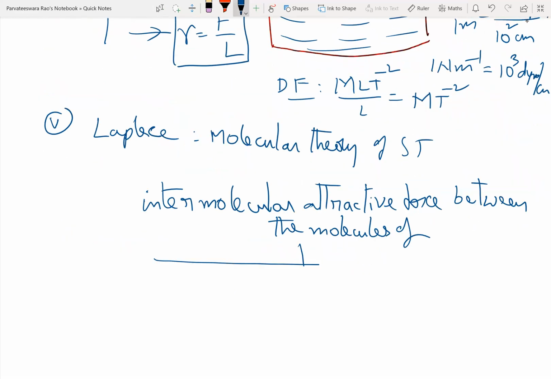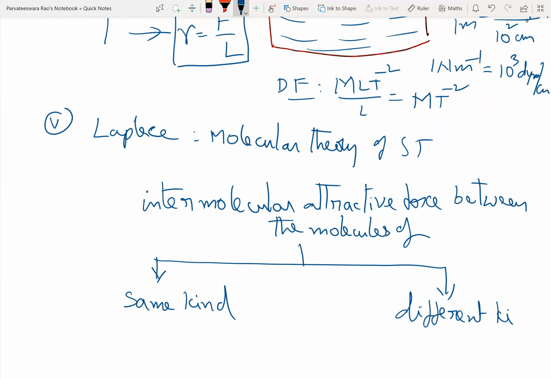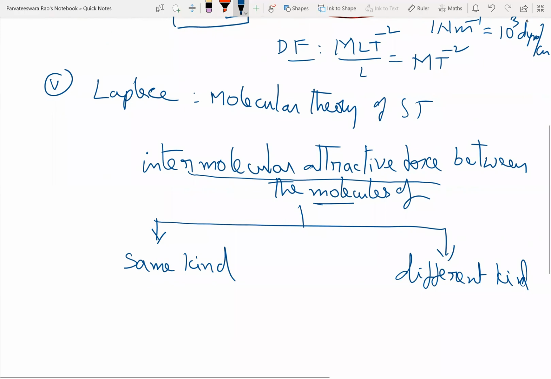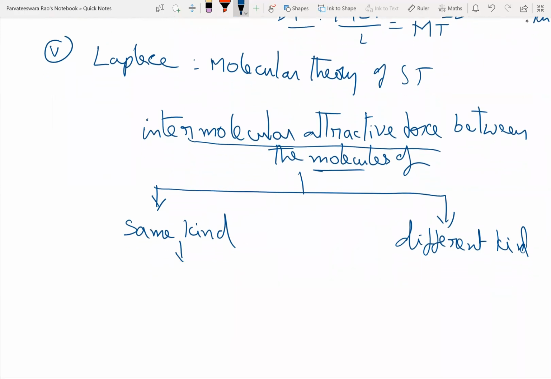What are they? Same kind, different kind. The intermolecular attractive force between the molecules of same kind is called cohesive force. And the intermolecular attractive force between the molecules of different kind is adhesive force.